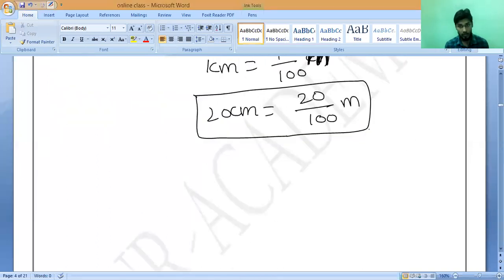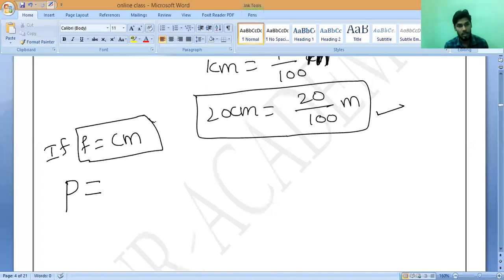When they have given focal length in centimeters, you can write the power formula like this. Power P equals, if f is in centimeters, directly I can write 100 divided by f. Will you be able to accept it?